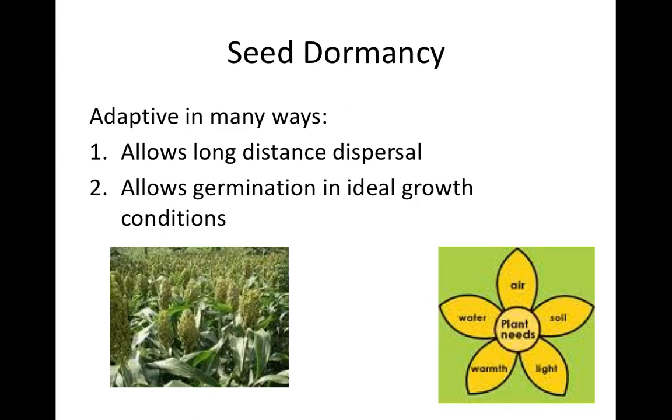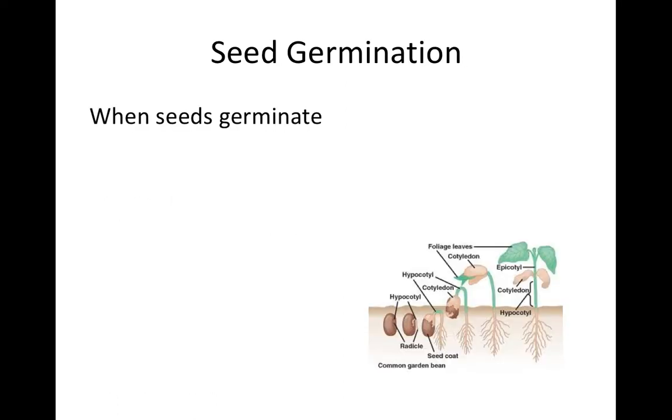So what are those ideal conditions? Generally speaking, it depends on the plant, to be honest, but usually the two main things are temperature and especially water. And water plays a role in jump-starting the whole germination process.